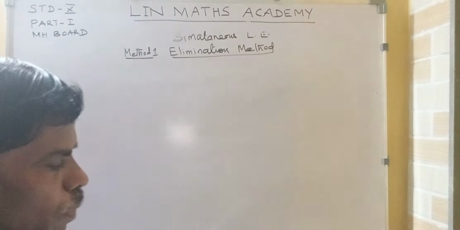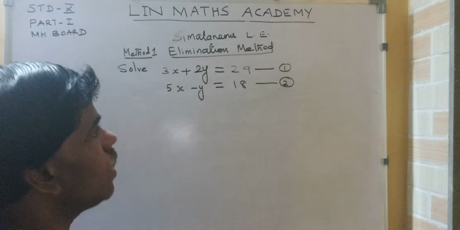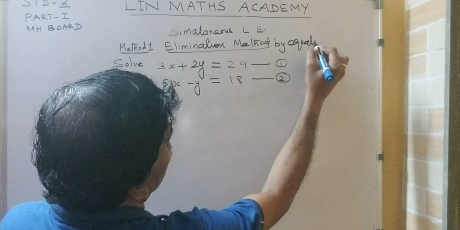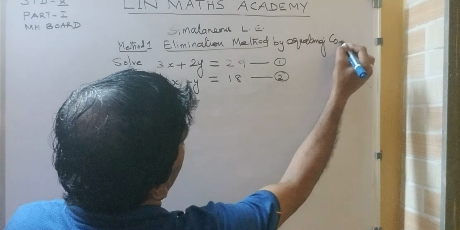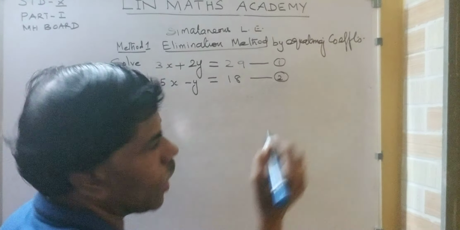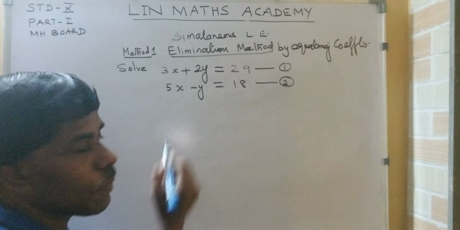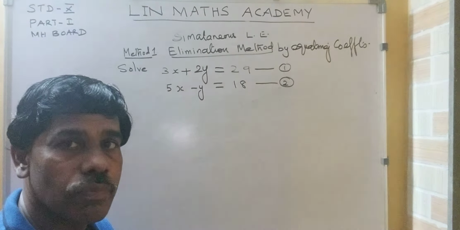Now, solving this linear equation means we are going to find out the value of x and y. Now, elimination by equating the coefficients. Now, what is the coefficient of y here?